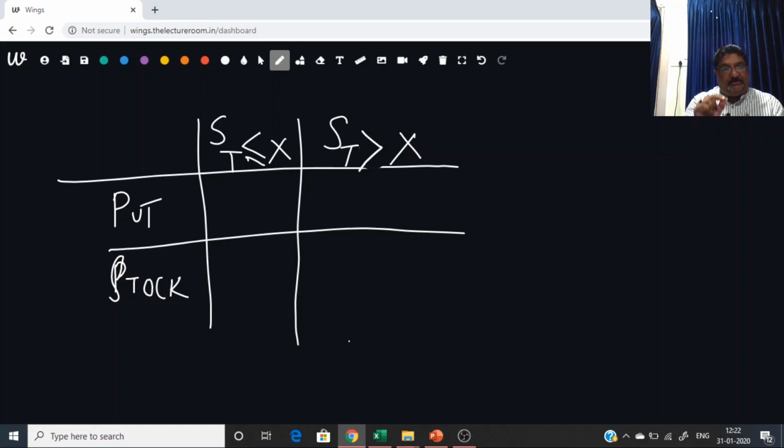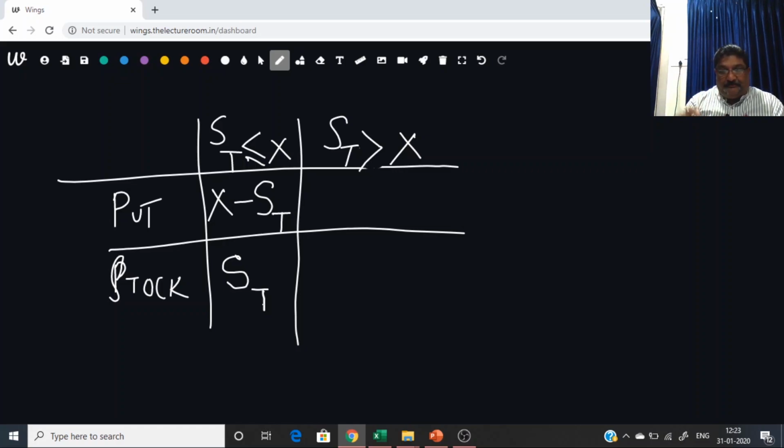Theoretically you can buy it at a spot price ST and sell it at X, and therefore the gain that you will get in this scenario is X minus ST, because the exercise price is now higher than the spot price in the market. Now, remember, you can sell the initial stock which you had purchased at S0 at this price ST in the market.